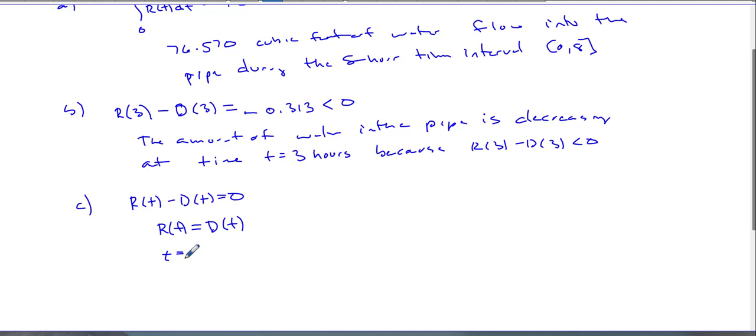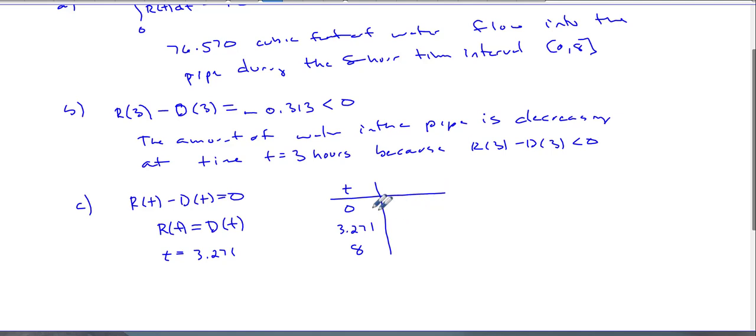You guys got confirmation on that? Yep. Okay. There would be our critical number. Now let's enter in our endpoints and our critical number. Now, did you guys store this as A already? There's our T. Now, we have to figure out the amount of water.